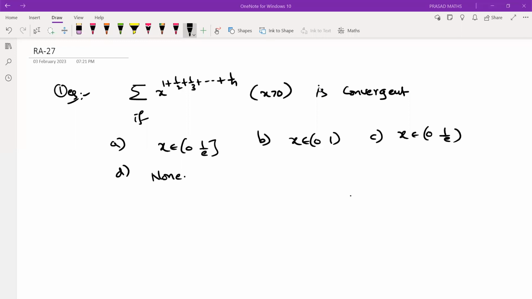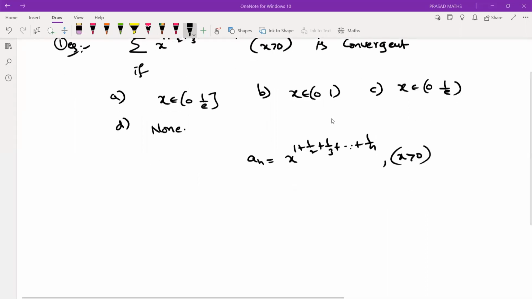So my a n is this, x power 1 plus 1 by 2, 1 by 3, plus 1 by n, where x is positive. Right? Chiranjeevi responded. Okay. So here the power is there and the sum is there, power in the form of a sum. So you need to apply the logarithm test, which is very helpful.